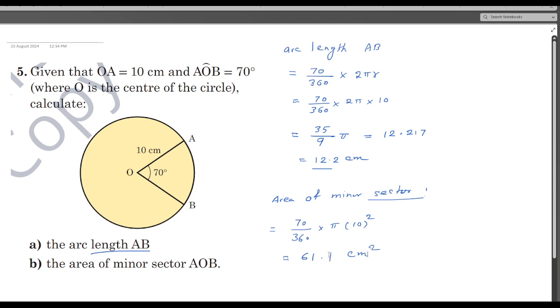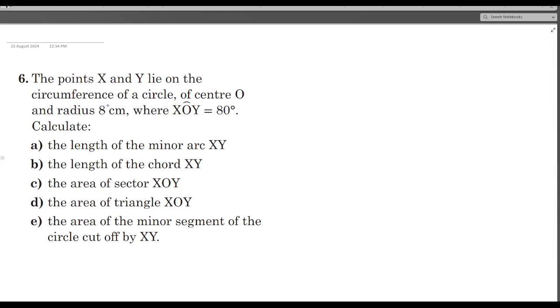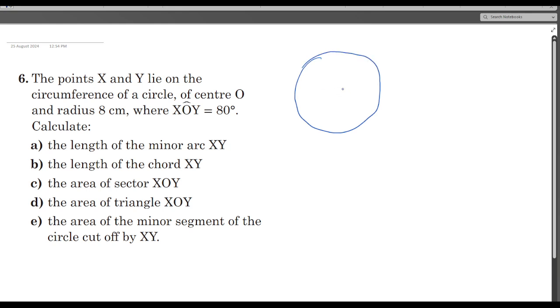Okay, now let us move to question number 6. The points X and Y lie on the circumference of a circle of center O and radius 8, and angle XOY is 80 degree. So let us draw one circle, center here, and this angle XOY will be 80 degree at the center. Calculate the length of minor arc XY.